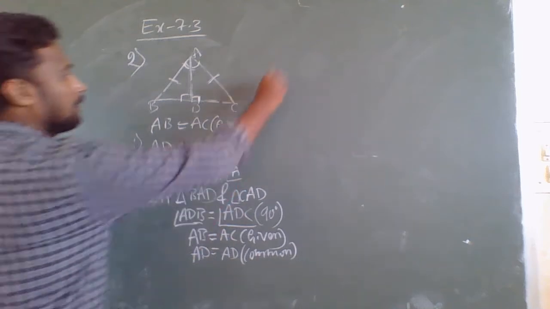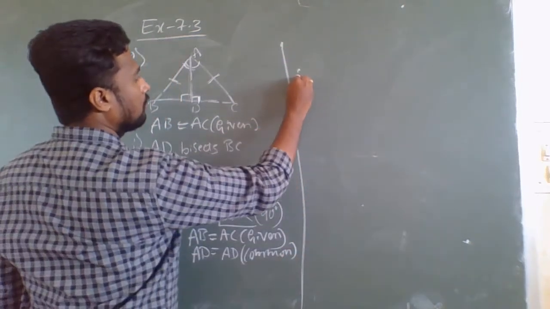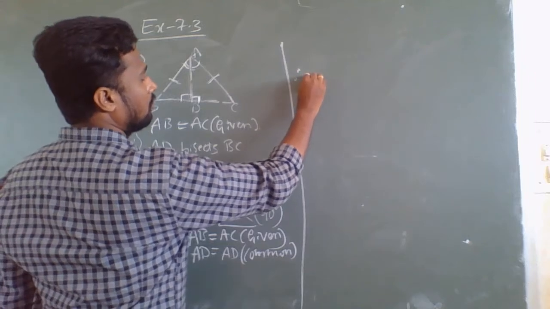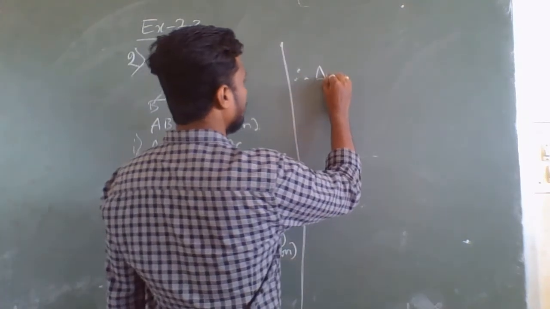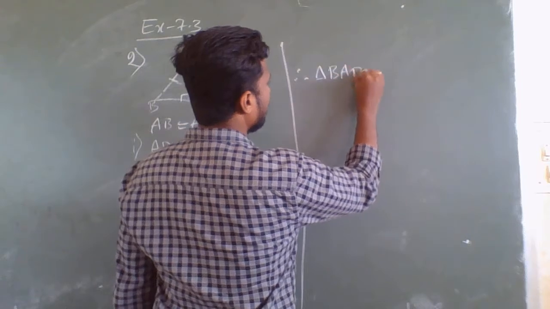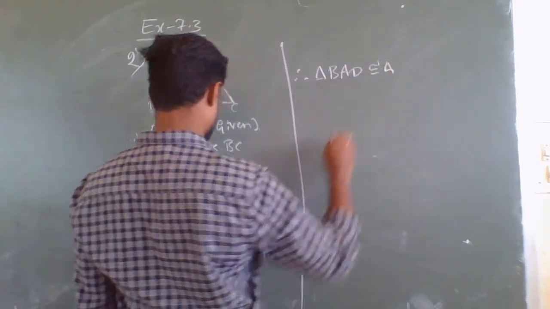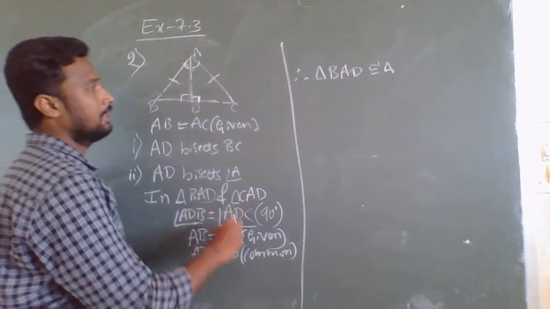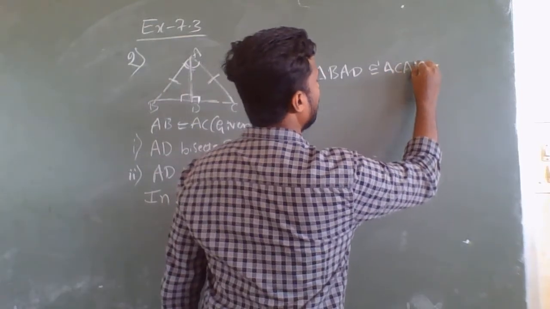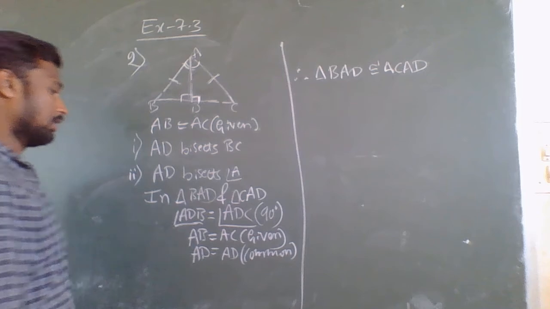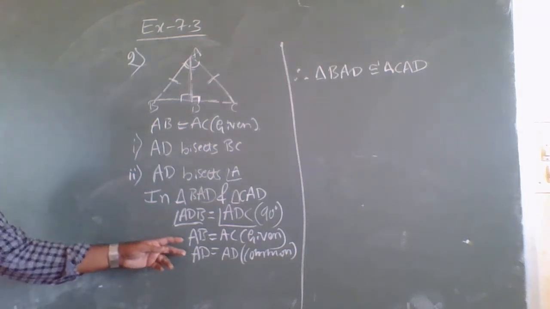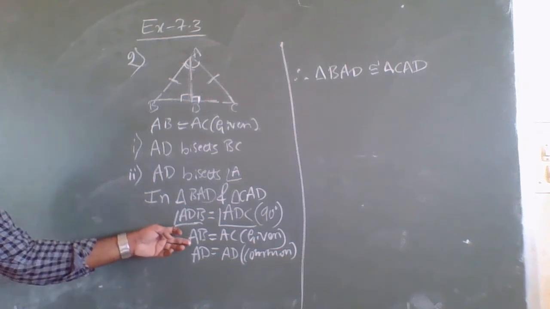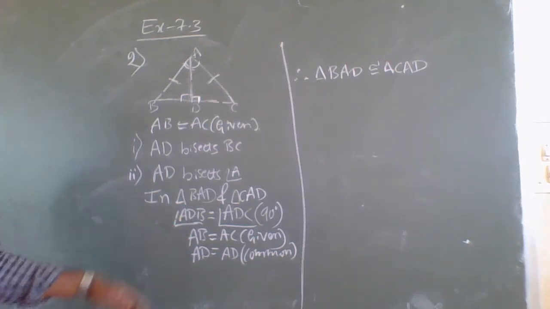Therefore, we can write that these two triangles are congruent to each other. Triangle BAD is congruent to triangle CAD by RHS.